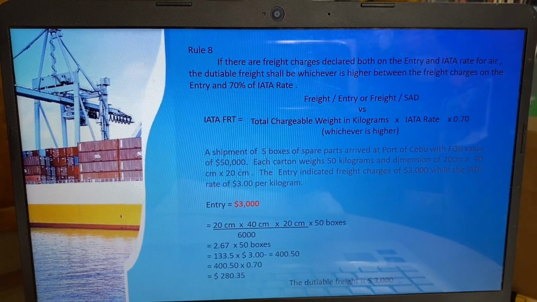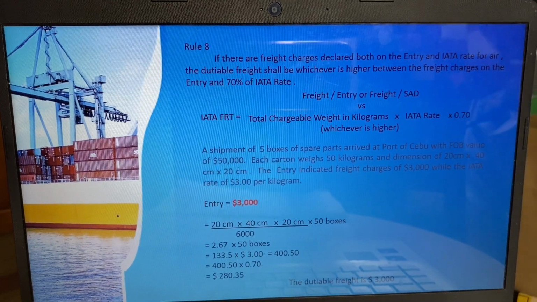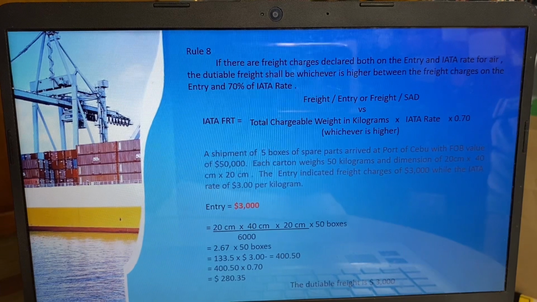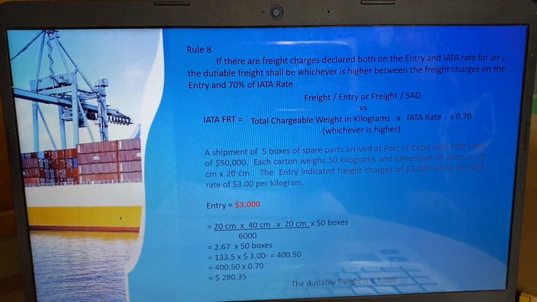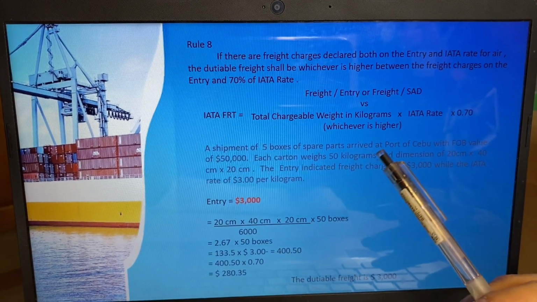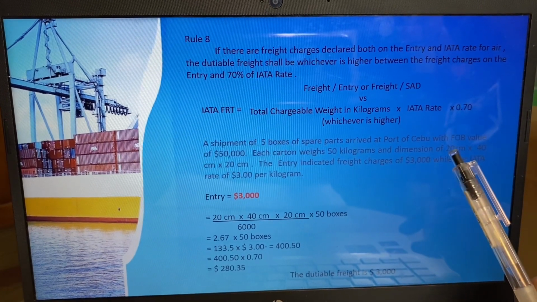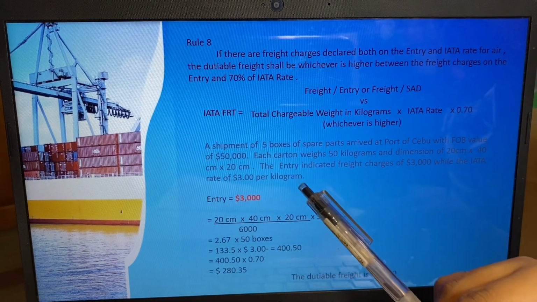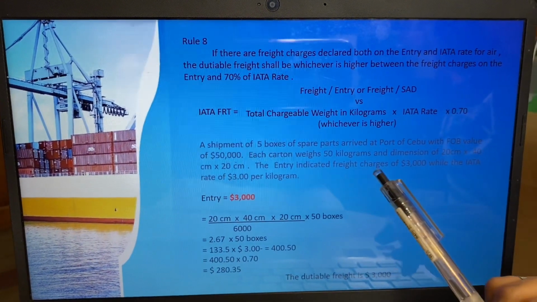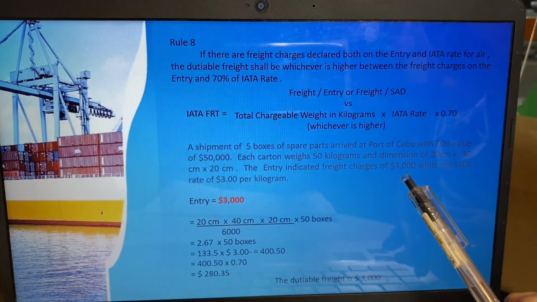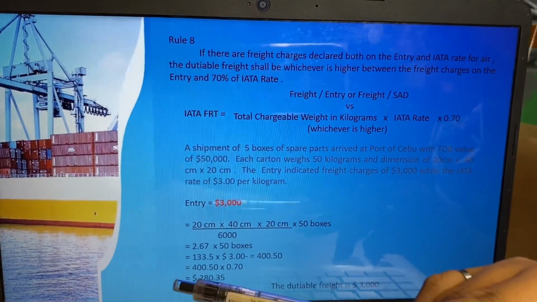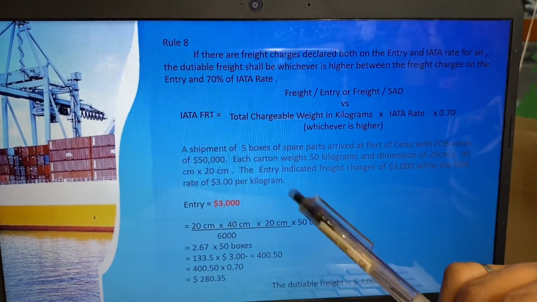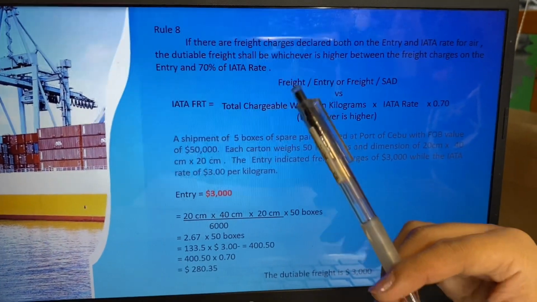So, a shipment of 5 boxes of spare parts arrived at Port of Cebu with an FOB value of 50,000 US dollar. Each carton weighs 50 kilograms and the dimension is 20 cm by 40 cm by 20 cm. The entry indicated freight charges of 3,000 US dollar while the IATA rate is 3 US dollar per kilogram. So first, we're going to find the entry.